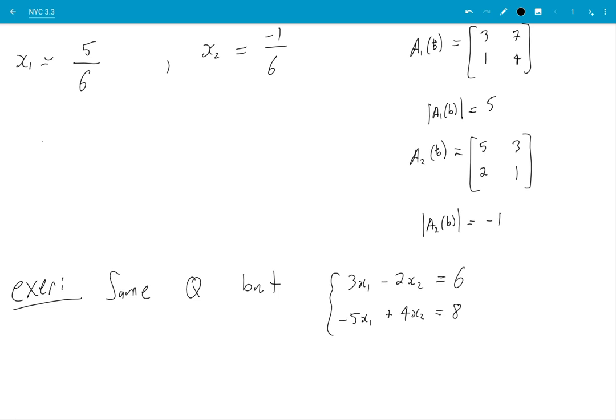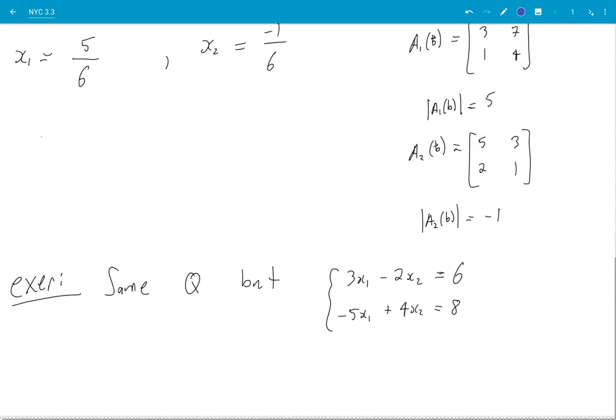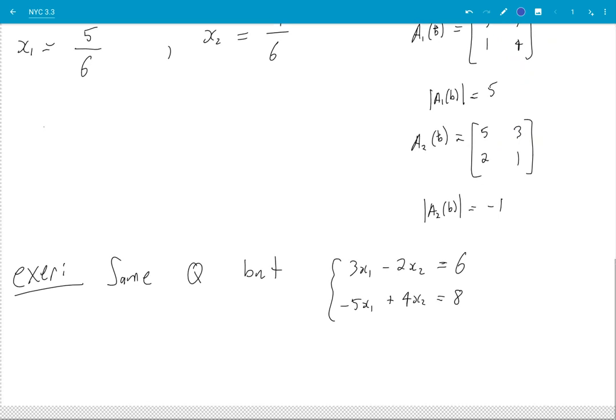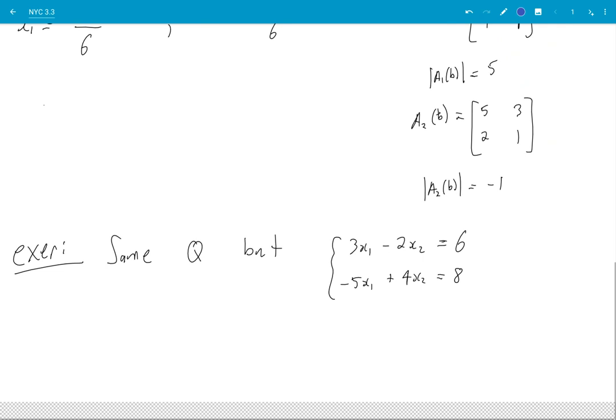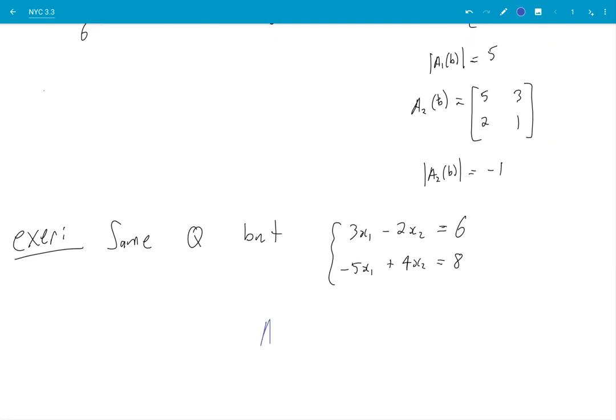Okay, so pause, copy, and try this using Cramer's rule. And the answer is x1 is 20. x2 is 27.